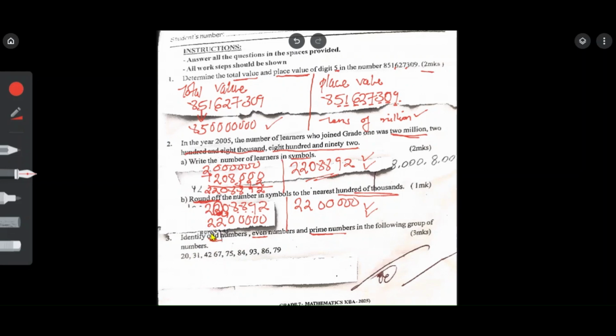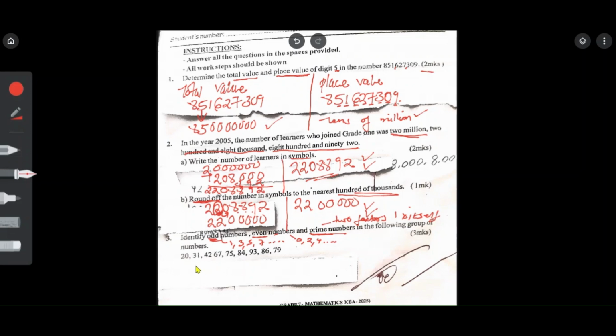Odd numbers are numbers that end with 1, 3, 5, 7, and so on. Even numbers are numbers that end with 0, 2, 4, and so on. Then prime numbers are numbers that have only two factors, 1 and itself.